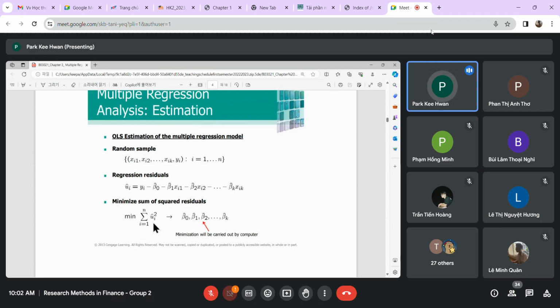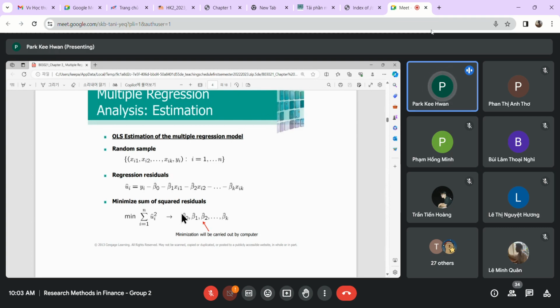If you look at this, it is the sum of squared errors. So we want to minimize the sum of squared residuals by choosing these parameters. Okay, so you solve this minimization problem.